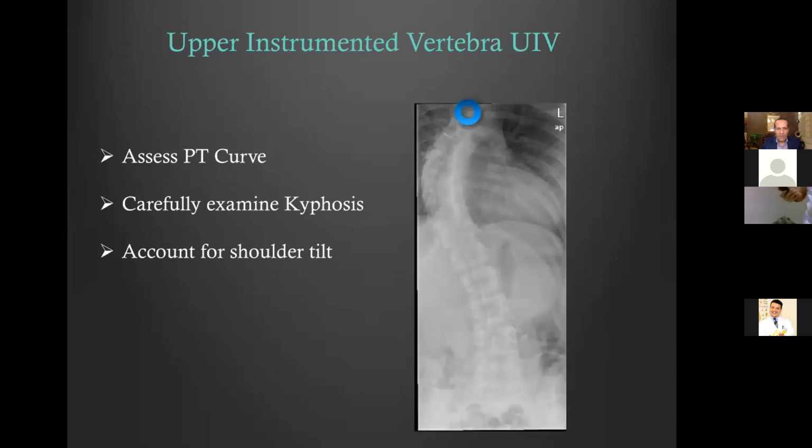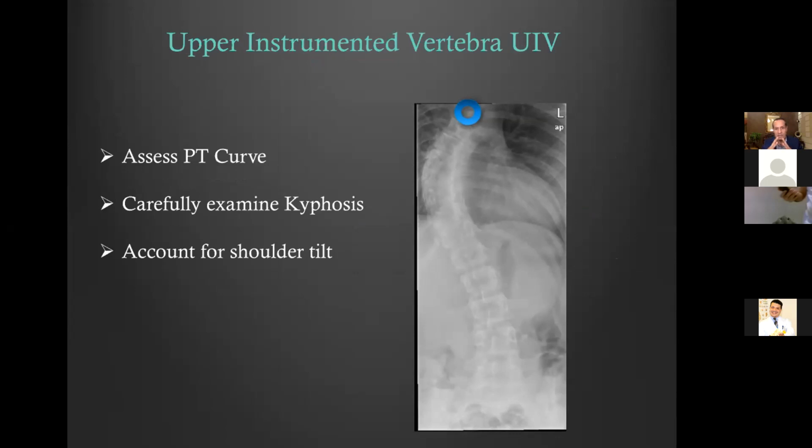To know the upper instrumented vertebra, we have general rules. First of all, you have to assess the proximal thoracic curve, whether it is structural or non-structural. The other very important point, as many colleagues have asked, is to see the sagittal plane and where the kyphosis is.